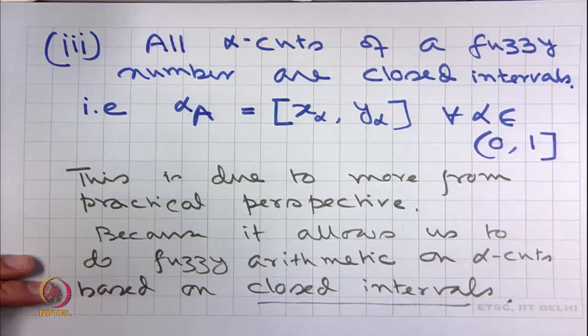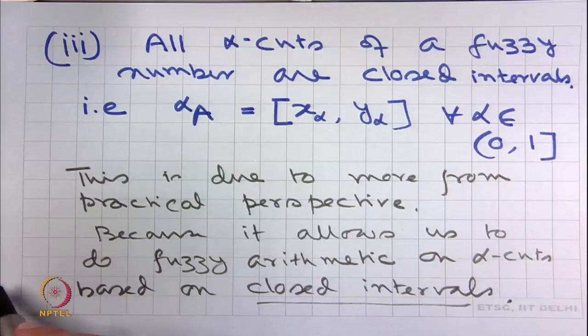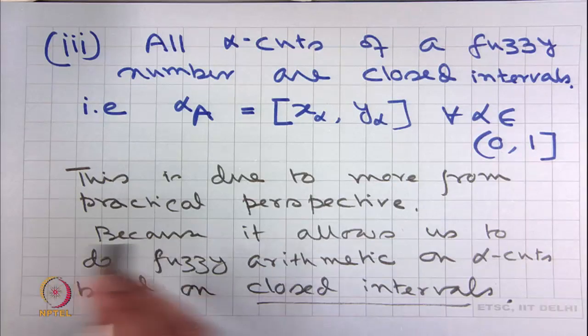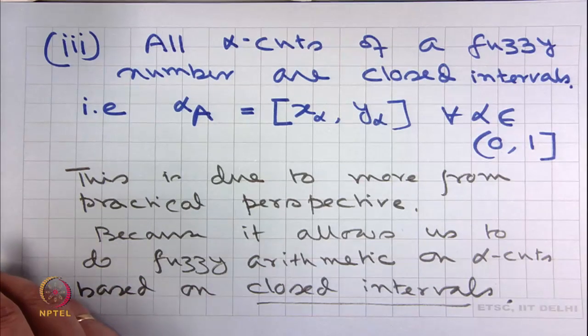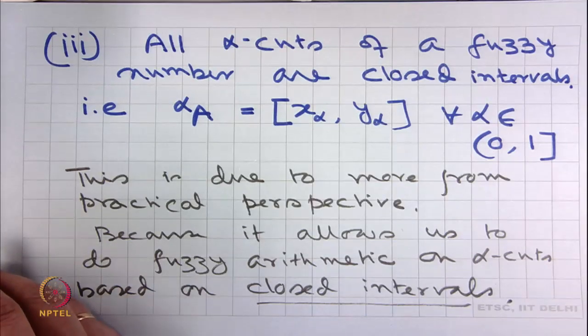And this is a fairly established technique in mathematics, as we will see later, that instead of working on functions, if we work on alpha cuts, our calculations for different arithmetic operations like plus, minus, multiplication, division, exponentiation become simpler.